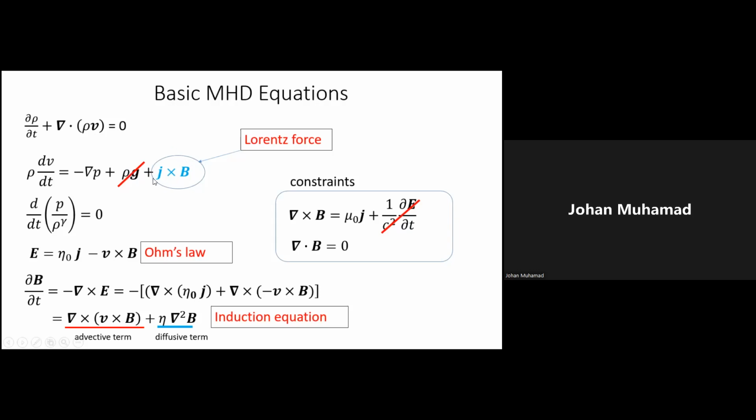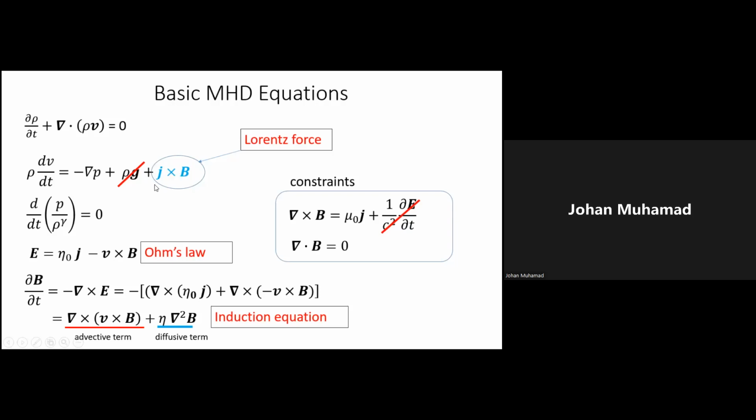But then there's a new term that appeared here, which is the Lorentz force, which comes from the interaction between the plasma motion and the magnetic field. So we have a current and a magnetic field, then there will be a Lorentz force.